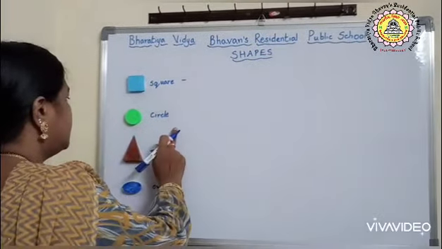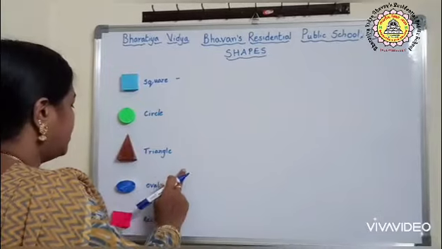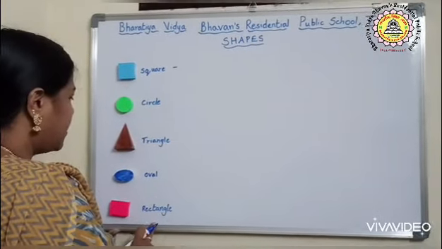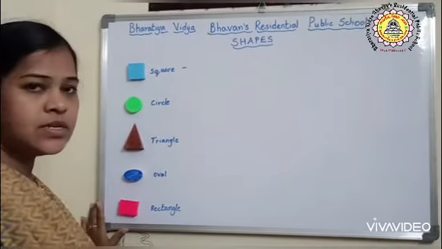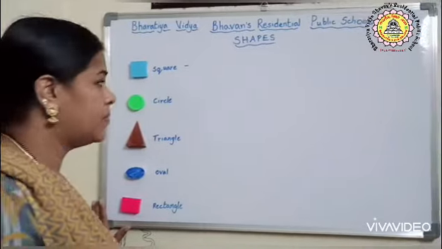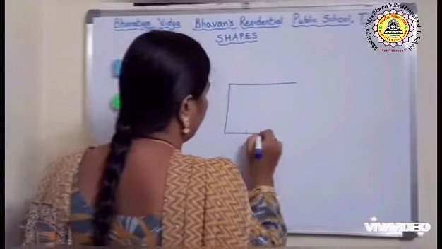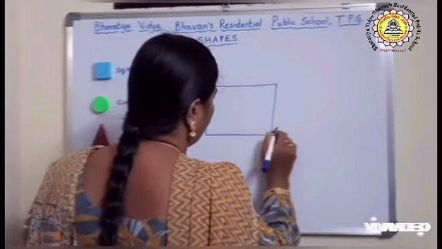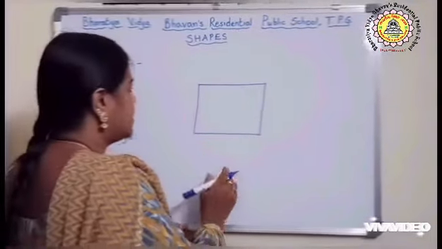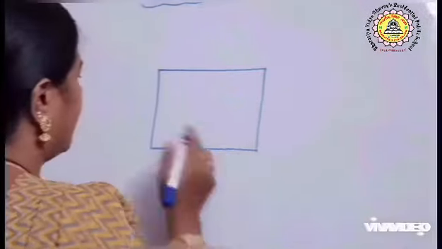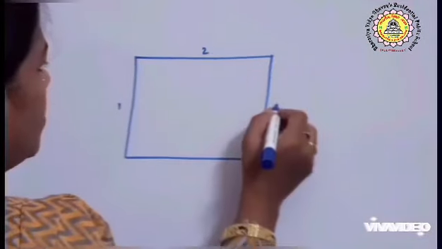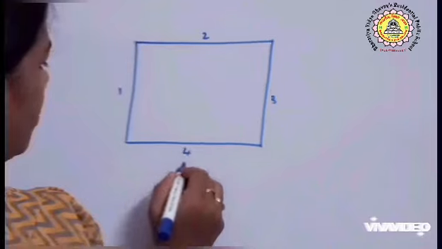Square, circle, triangle, oval, rectangle. Let us know about square. Square has 4 straight lines. 1, 2, 3, 4.